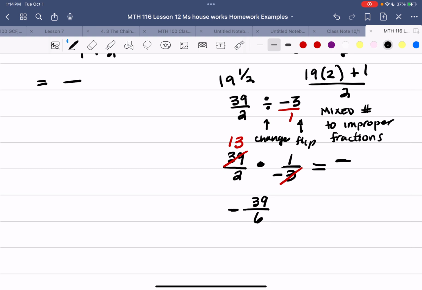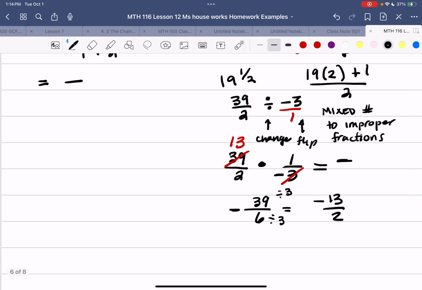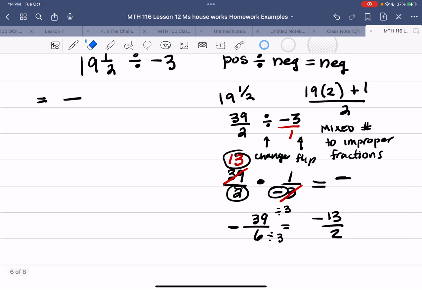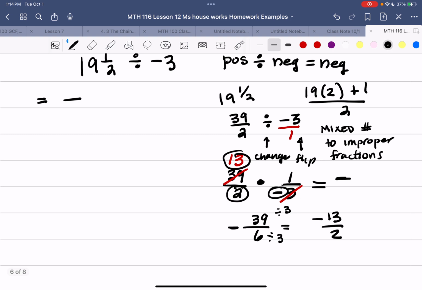But we want to reduce our fractions to lowest terms, so this is divisible by 3, and this is divisible by 3, so we get -13 over 2, which is what we would get here if we went ahead and reduced that 3 into that 13.